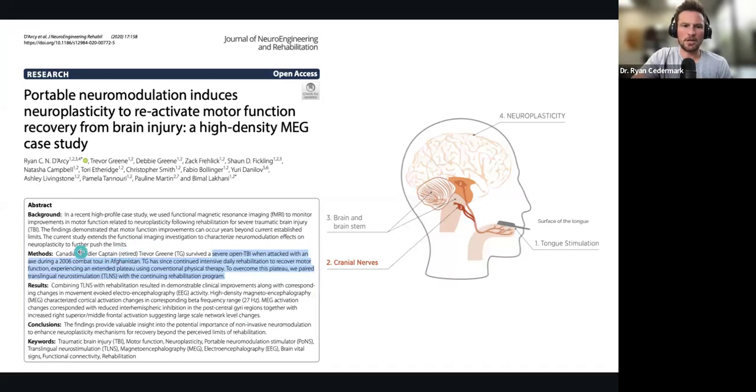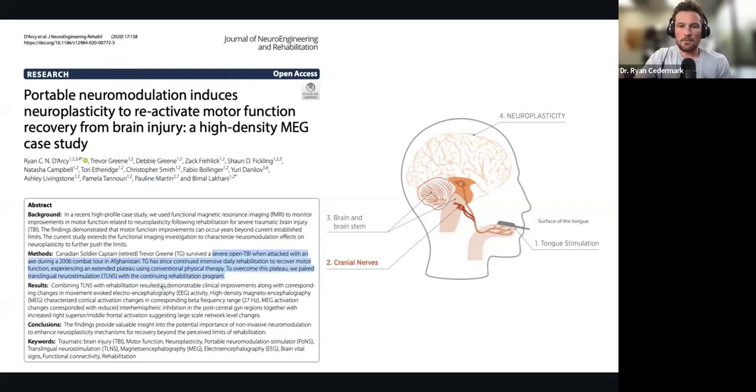It's a little gruesome, but this gentleman here is a soldier. His name's Trevor Green. He survived a very severe attack, an open TBI in 2006. He was doing daily rehabilitation, and this paper is pretty new, from 2020.